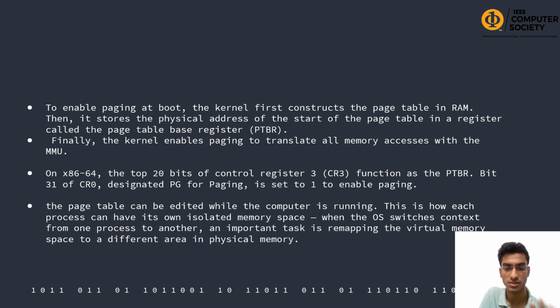The data for process A is somewhere far from process B in physical memory, and is mapped to the same virtual memory address. So this is how it happens, while your computer is already running.